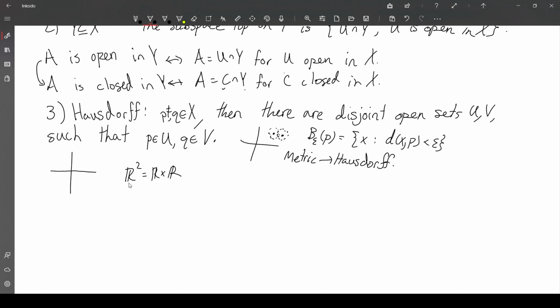But anyway, a basis for the product topology is U times V with U and V open.